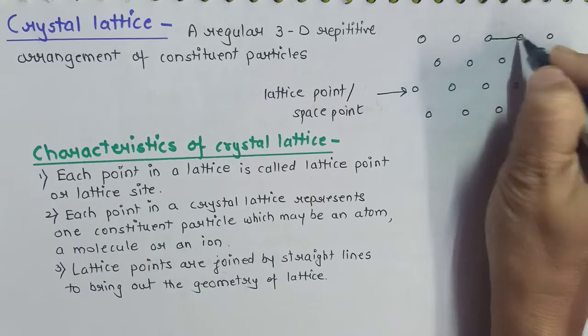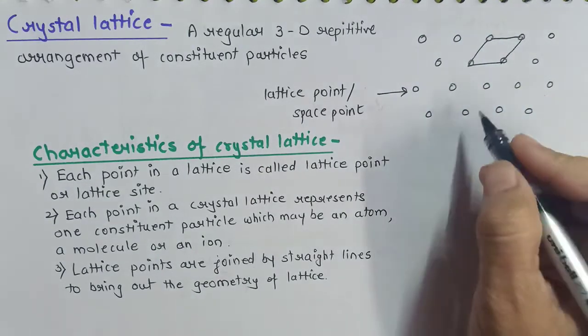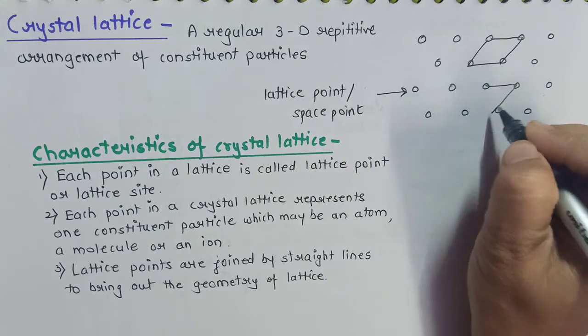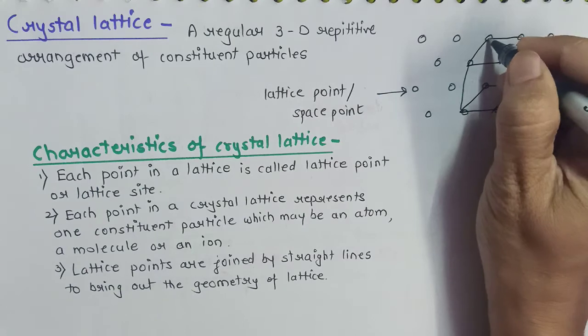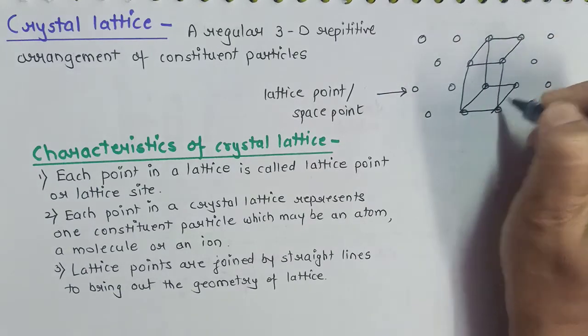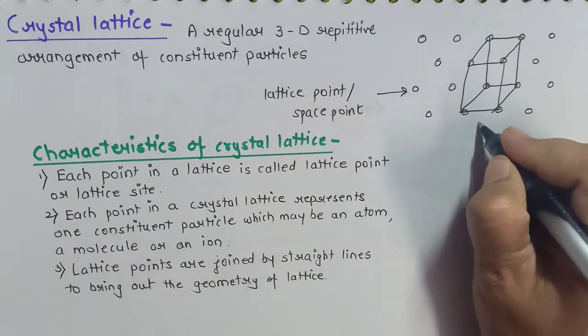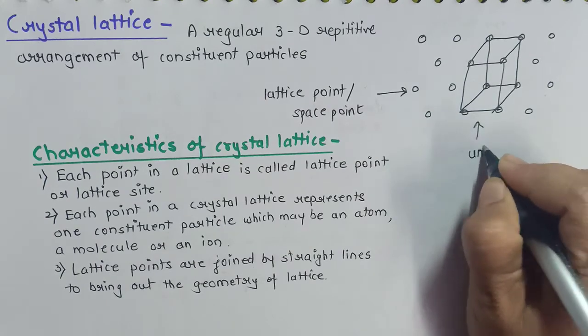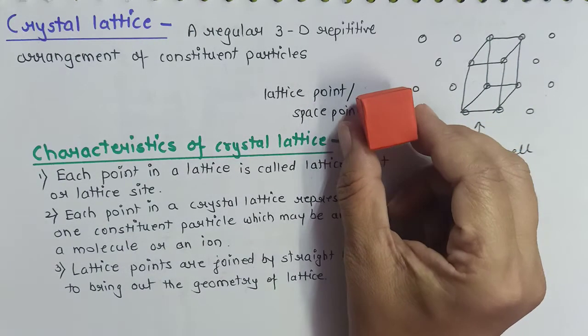If I join these lattice points, and join the lattice points here also, and connect them, we have got a definite geometry, a cube-like structure, and this is called a unit cell. This unit cell will look like a cube.